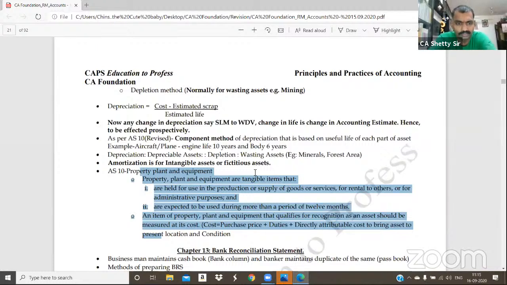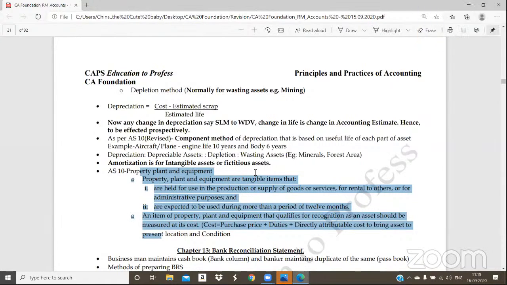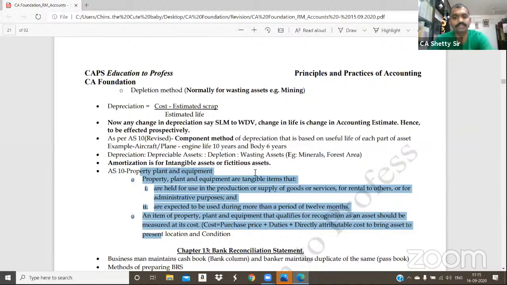Now all of you write down in your notes book. Any change in depreciation is a change in accounting estimate. A change in accounting estimate is to be effected prospectively. Within brackets, when you see old questions it will look different, but don't try to do that.